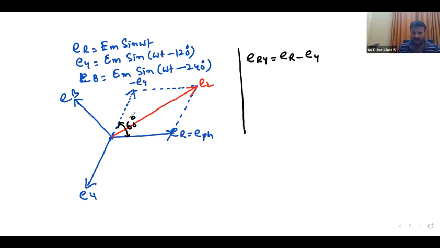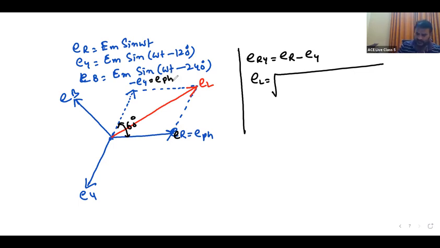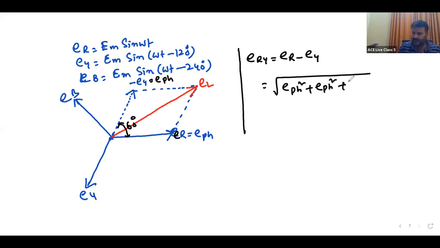Now if I want to find the line voltage, E line is equal to the square root of, with A vector and B vector, A square plus B square plus 2AB cos alpha, where alpha is the angle between both.